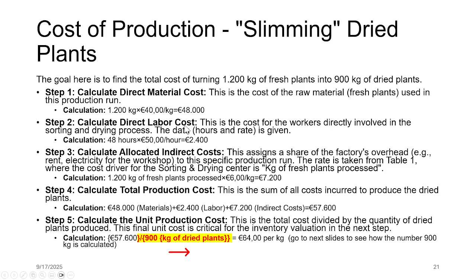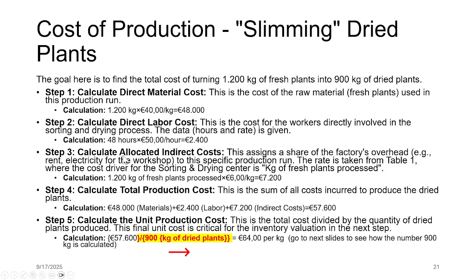To calculate it, we multiply the labor workforce cost by how many hours were spent in this workshop. This is the cost for the workers directly involved in the sorting and drying process.